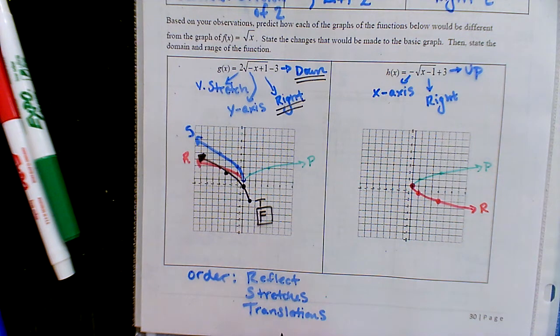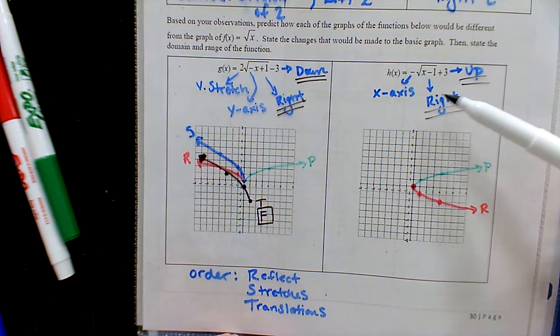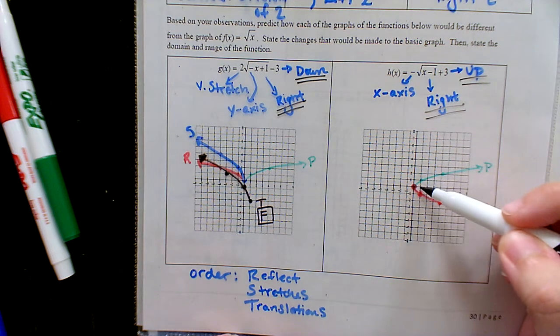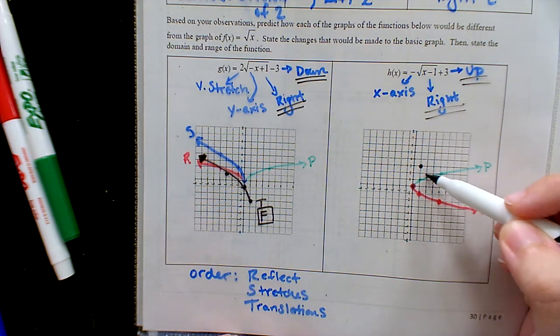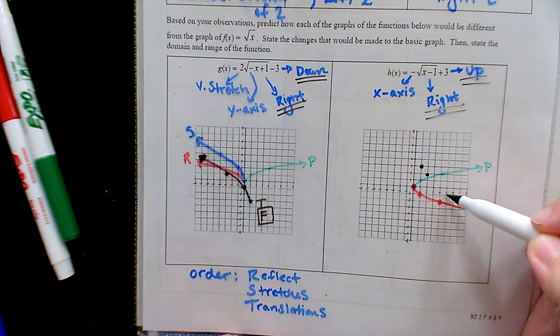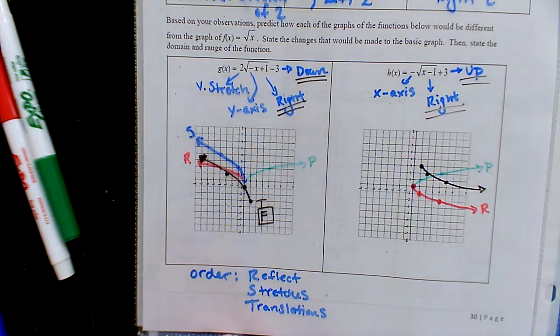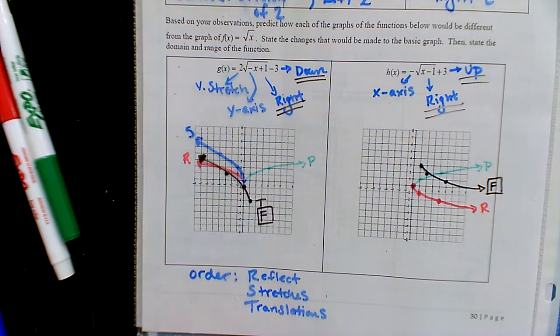Did we label anything left, right, up, down? Yeah, okay, we have 2 of those. So all of the points on this red graph, we're going to move right 1 and then up 3. If you wanted to label that T for translations, that's fine, but since it's your last one, you could also label it F for final.